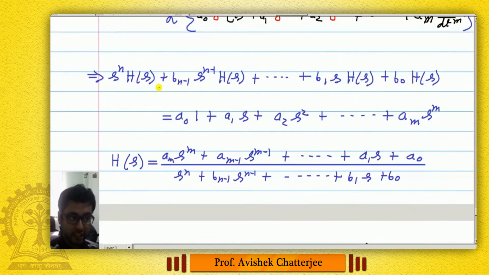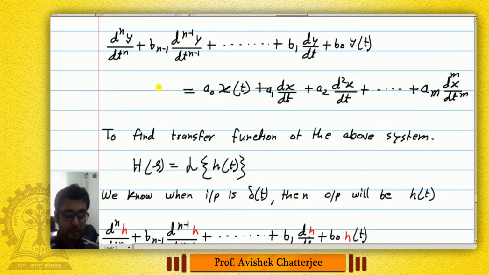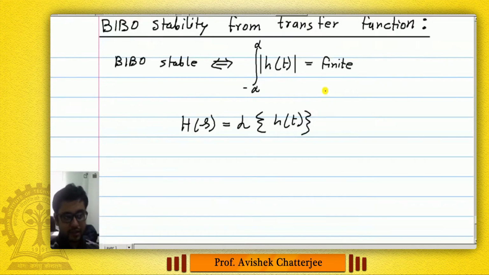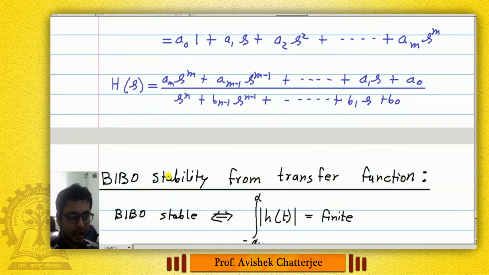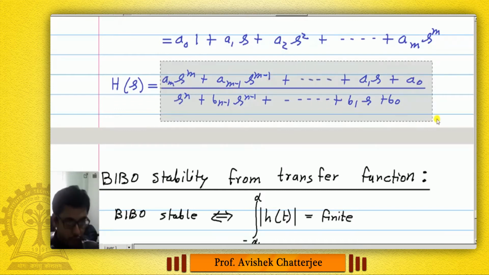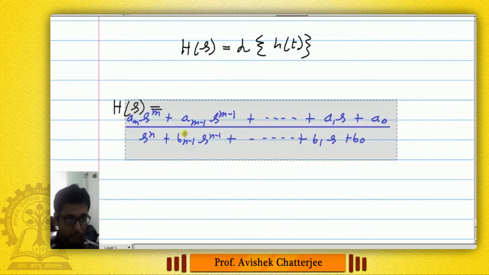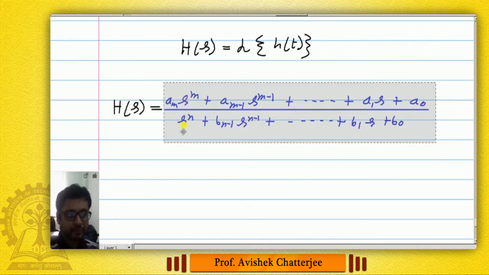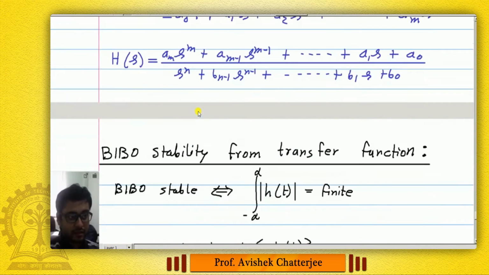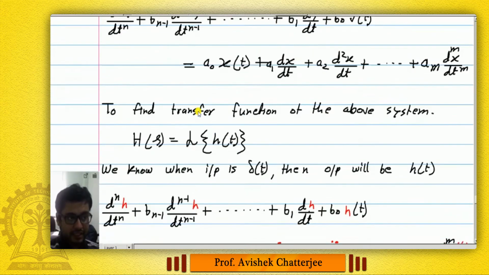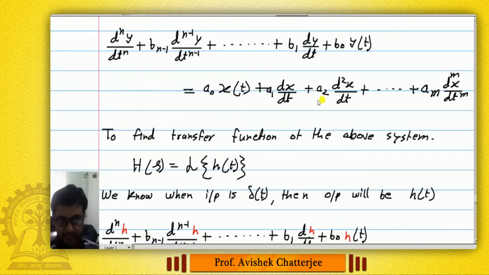Systems, particularly those which are represented by differential equations of this form, we have seen that H(s) is given by this, the ratio of two polynomials of s, where the original system is described by this differential equation.